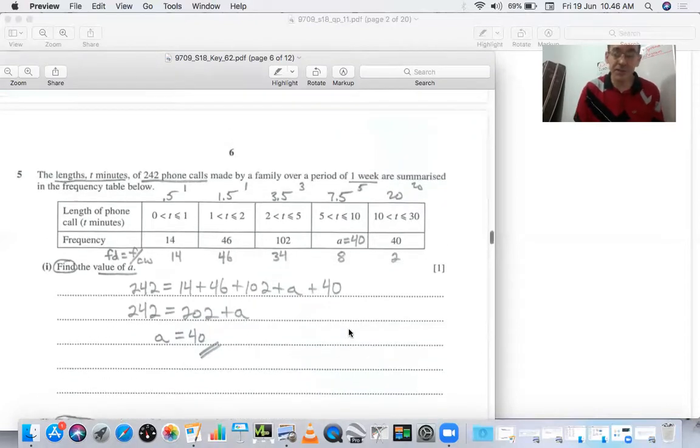You can do the same thing with quartiles. We talked about quartiles in the last two videos. Out of 242, if you divide that by 4, it's not 6.5, it's 60.